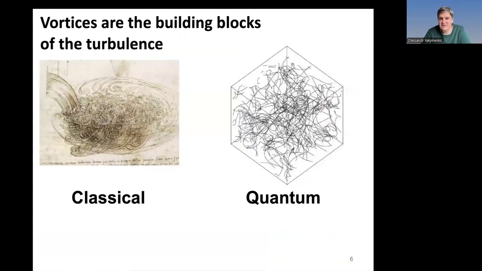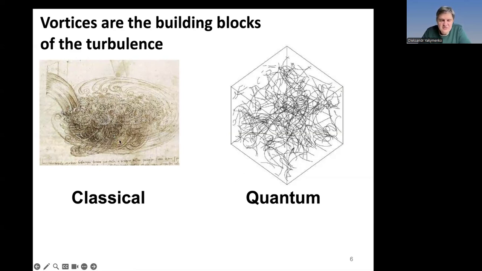Just to mention, vortices appear as building blocks of turbulence. On the left, a piece of a painting by Leonardo da Vinci, and this is classical turbulence. This is water which flows into some fountain, and it's clearly seen that there are vortices. And indeed, vortices are building blocks of the turbulent state, and it's very important.